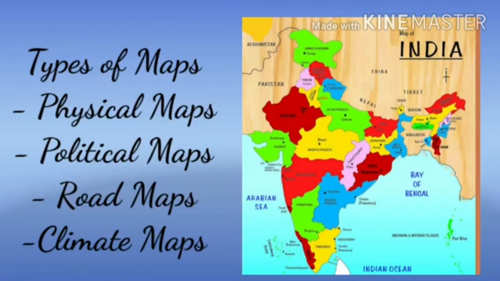Climate maps provide information about the climate, rain and snow in a region. Climate maps give general information regarding the climate and rainfall of an area.